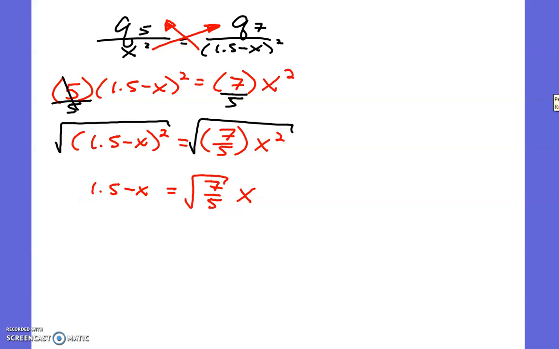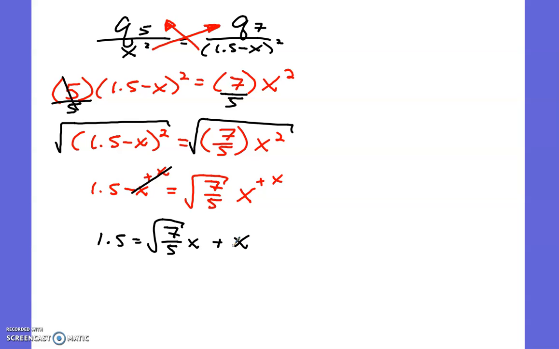And the next step is I'm going to add the x to the other side. Here they cancel out. This leaves me with 1.5 equals the square root of 7/5 times x plus x.